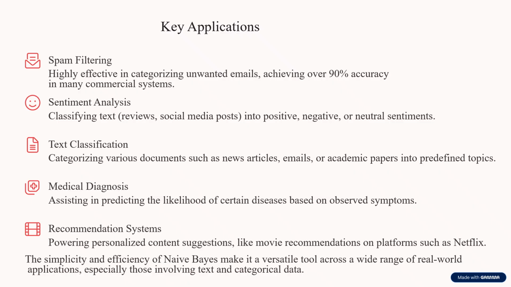Spam filtering tells whether the mail is a proper mail or not. In medical diagnosis, whether the disease is present or not. It also powers personalized content suggestions, like movie recommendations on platforms such as Netflix, where based on the recommendation I can suggest which is a good one.